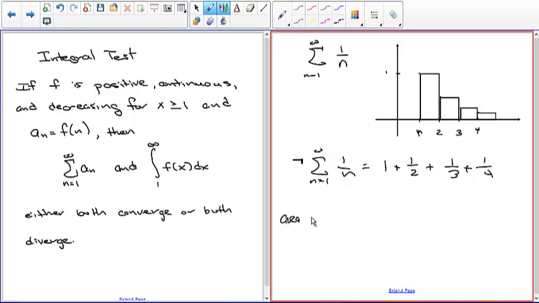We could say the area of the rectangles is equal to 1 times 1 plus 1/2 times 1 plus 1/3 times 1, etc. Because the width is 1, you get the same answer whether you multiply by the width or not. But by multiplying by this width of 1 unit, I'm creating an area instead of just adding numbers together.